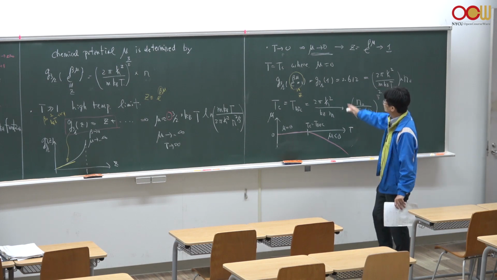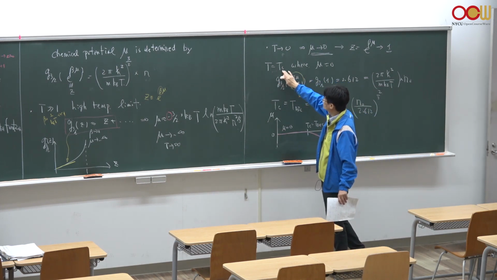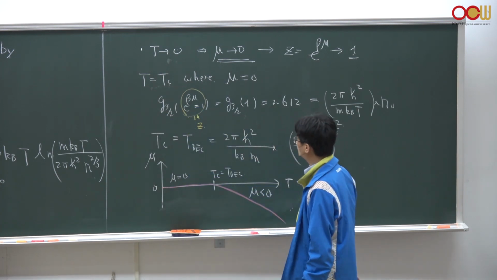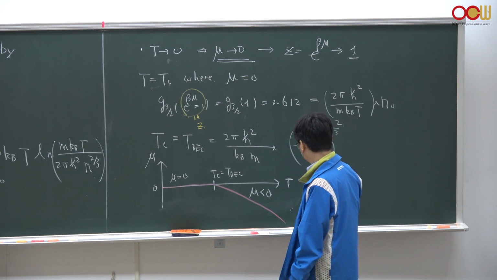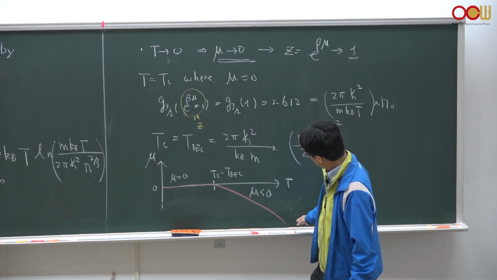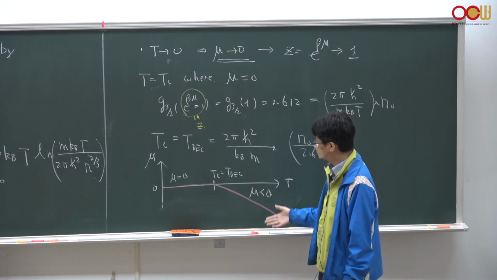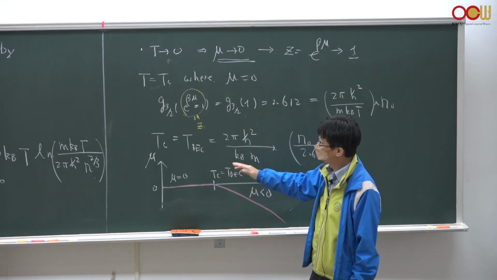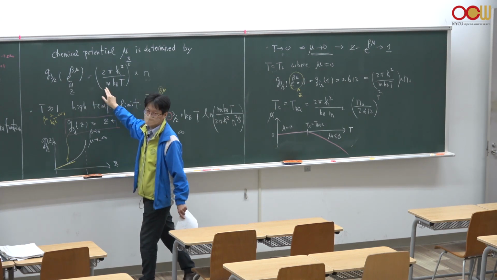So you can see very clearly that when T hits the critical value T_c, which we call T_BEC, the chemical potential vanishes. As you can see clearly from this plot, we can determine this chemical potential numerically by solving this equation self-consistently, right?